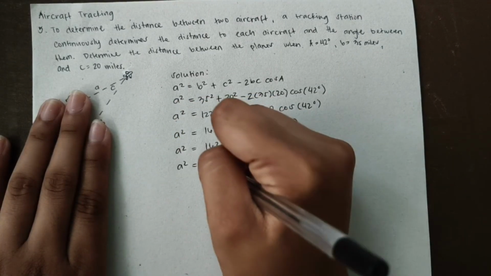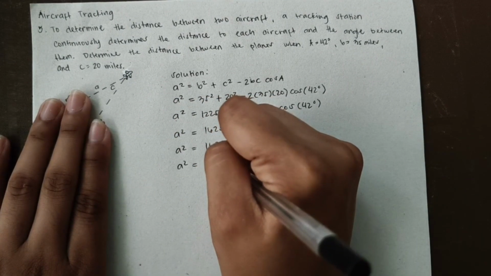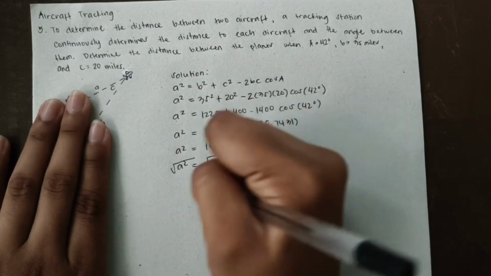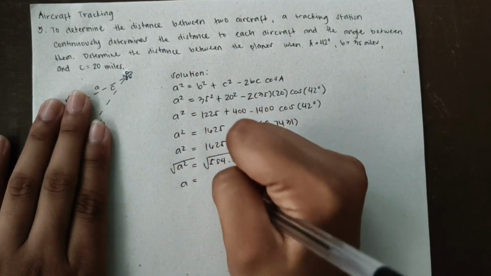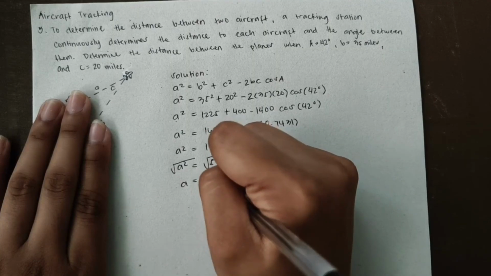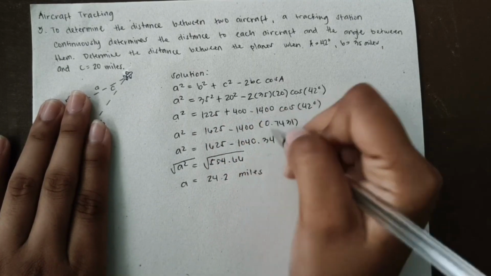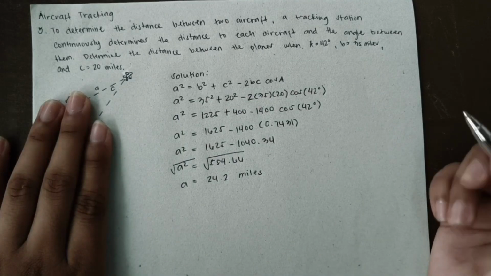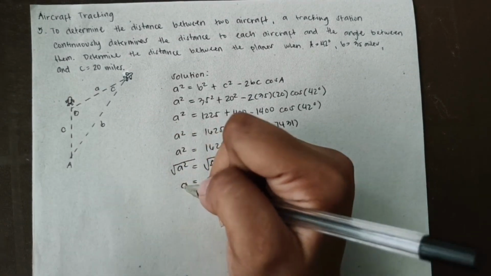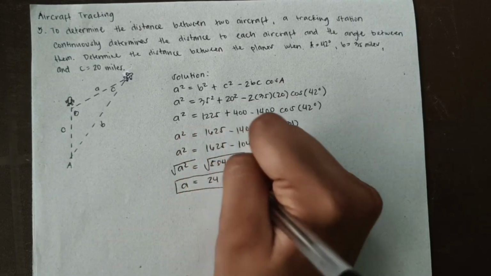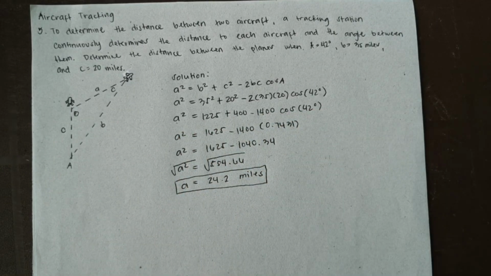To find the value of A, we take the square root of both sides. The square root of 584.66 is approximately 24.2. Therefore, the distance between the two aircraft is approximately 24.2 miles.